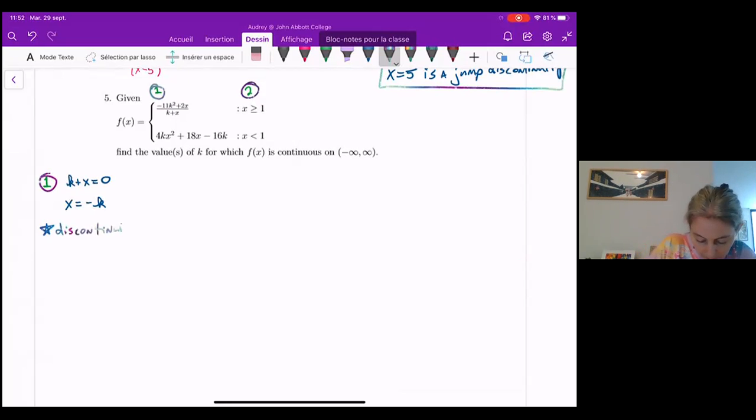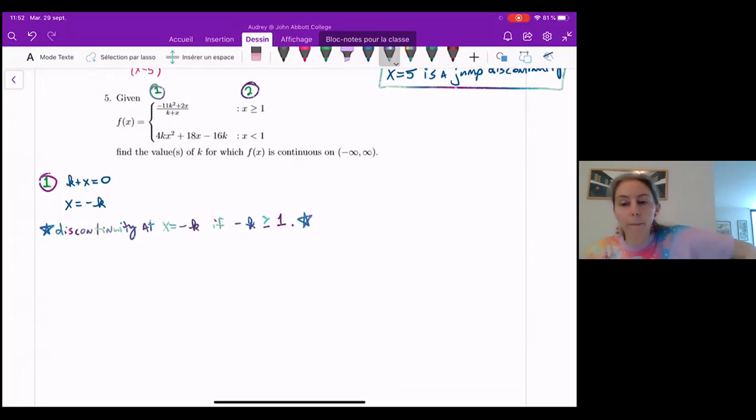Discontinuity at x equals negative k if negative k is greater than or equal to 1. And this is important because these problems also have a third step where we go back and check that.